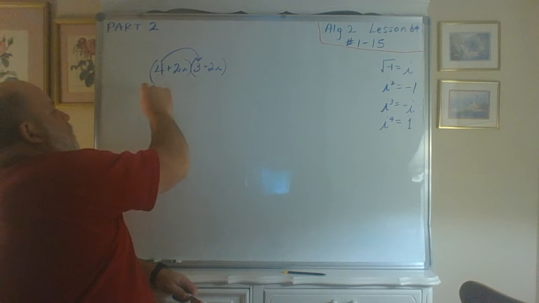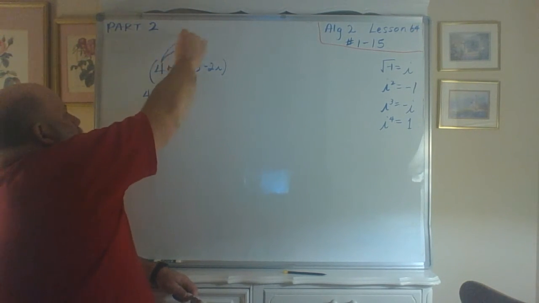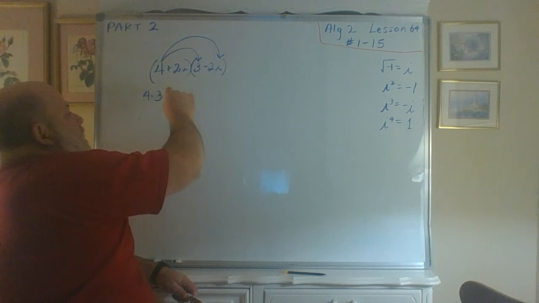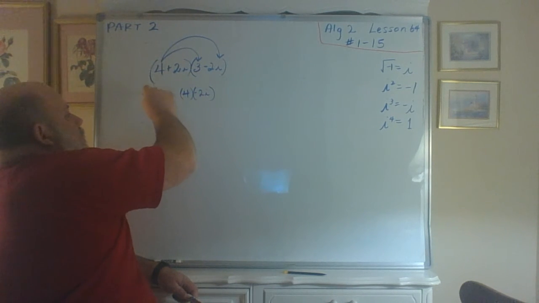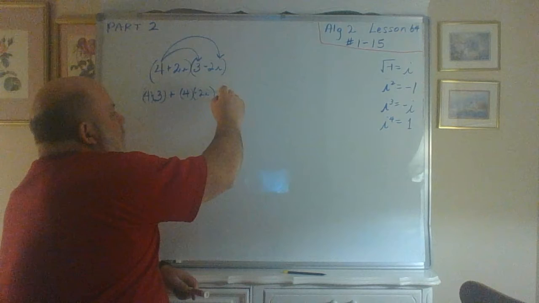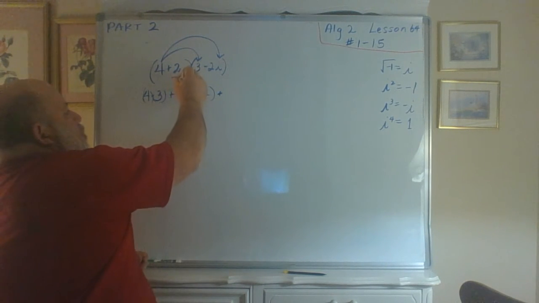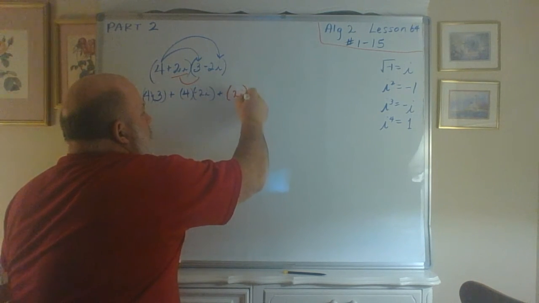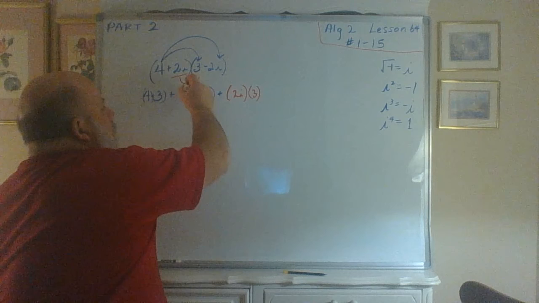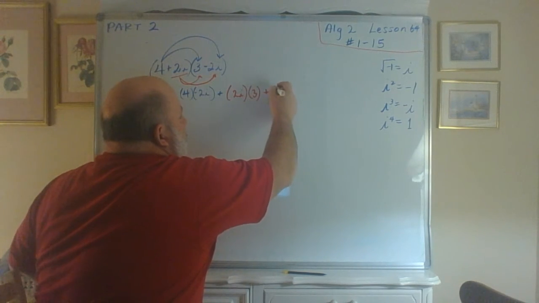I'll tell you what I will do, I'll write down what's happening. 4 times 3, 4 times -2i, and I'll use parentheses, -2i over here too. Now, I'll do this one in red. 2i times 3, 2i times -2i.